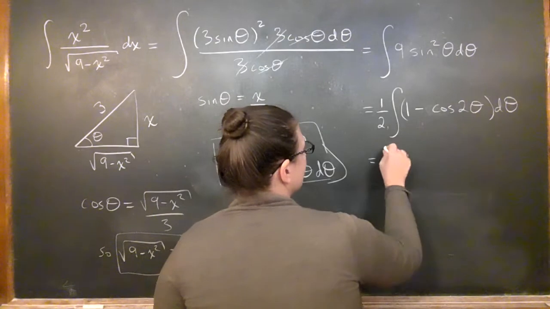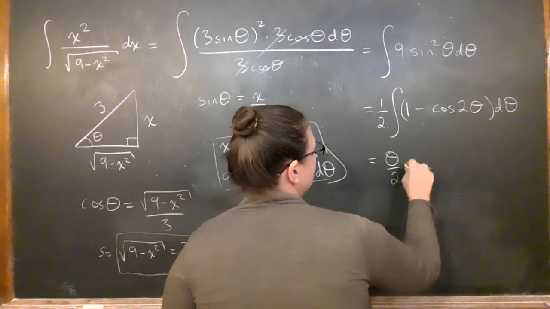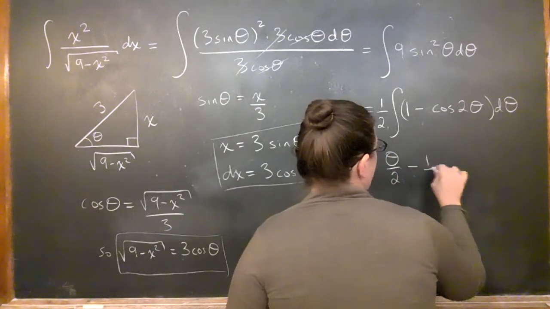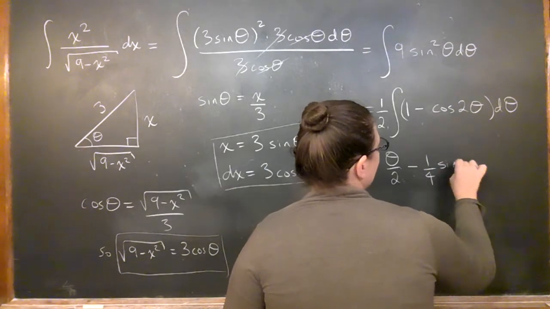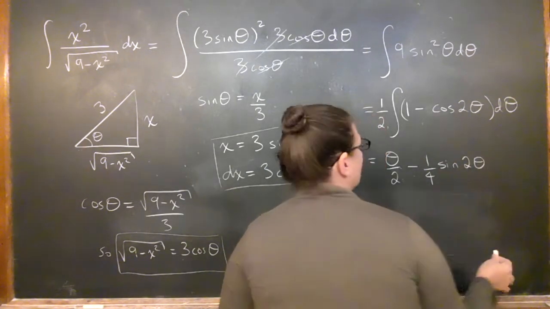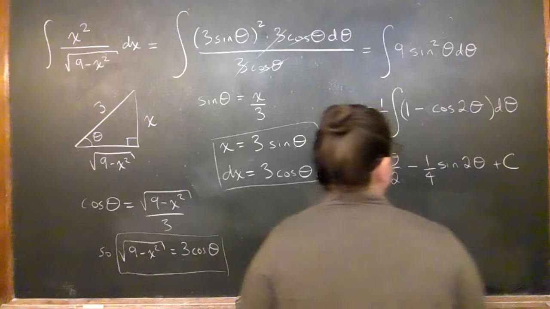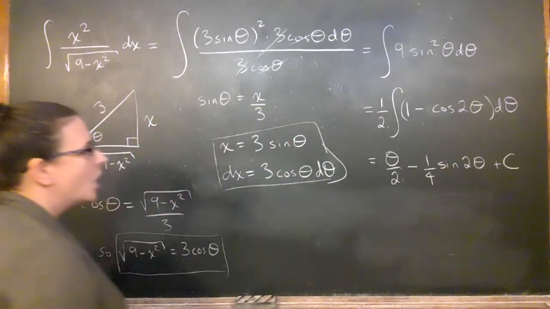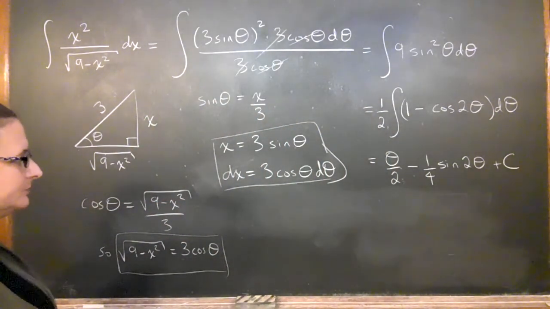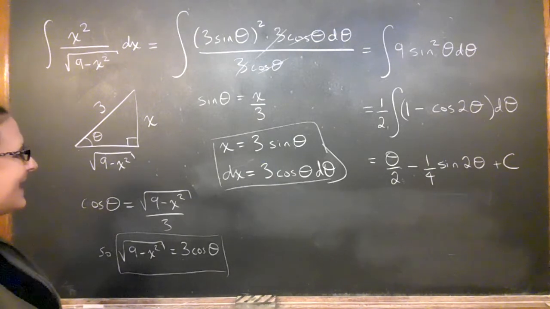So then I integrate this, I get theta over 2 minus 1/4 sine of 2 theta. I should probably not have chosen this example as the very first one. Okay, we'll just go with it. Okay, so here's my answer almost, right?